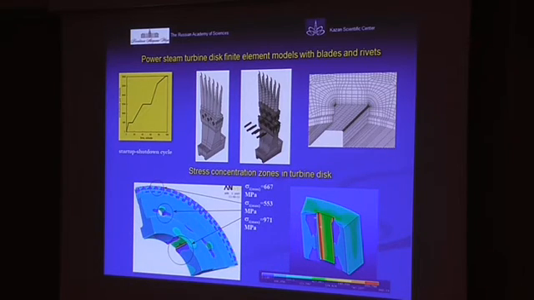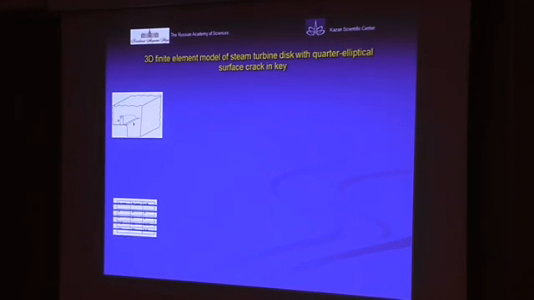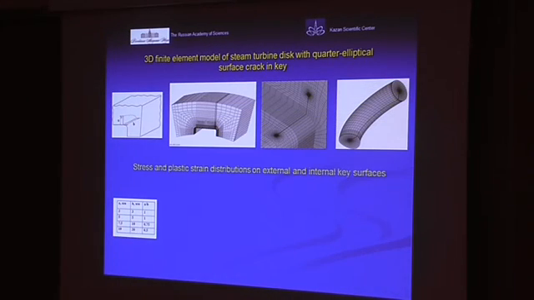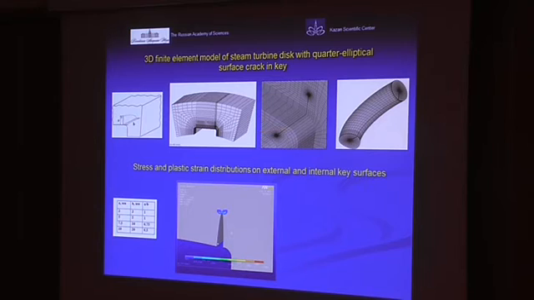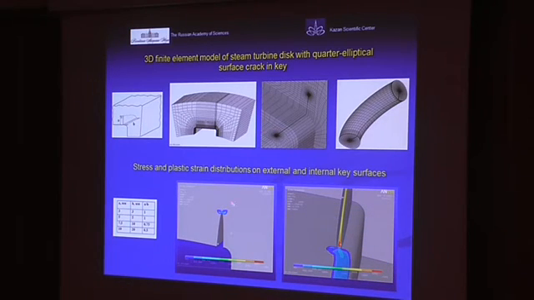So we have got elastic plastic behavior of the material. So, with traditional finite element meshes, the plastic strain distribution on the free surface of the disk and along the crack front in the slot fillets.